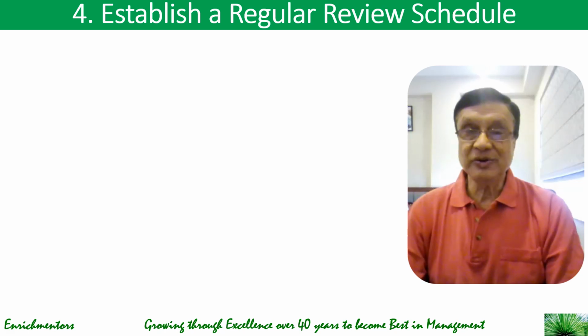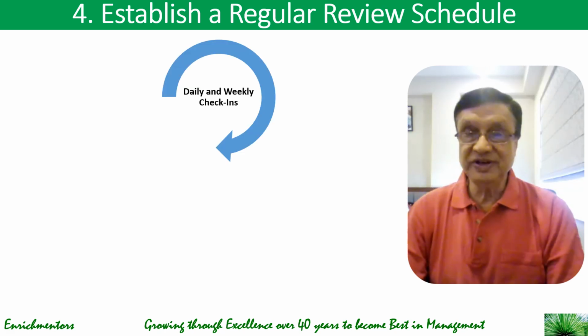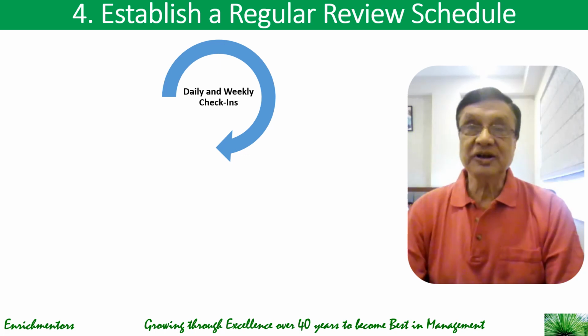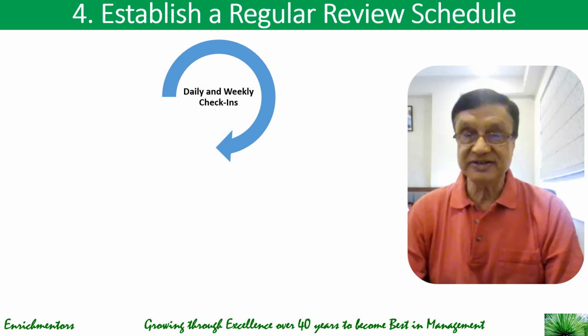Then establish a regular review schedule, and this could include a daily or weekly check-in where your RCM team reviews their KPIs on a daily or weekly basis to catch any issues early. Focus on critical metrics like first pass resolution rate and denial rates that may require immediate attention.